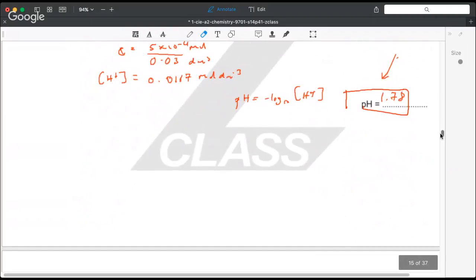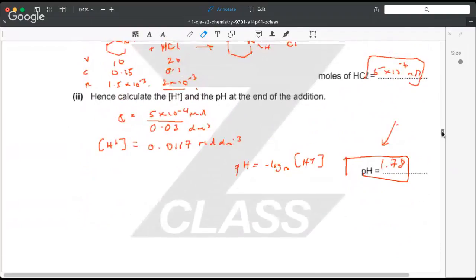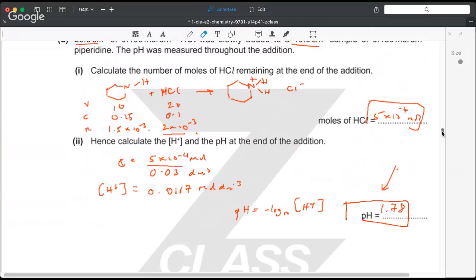But if we wanted to add just enough acid to neutralize the base, then the equivalence point is actually not at 20 centimeters cubed, but if we had 15 centimeters cubed of acid, then we'd have exactly the right number of moles of acid to neutralize the piperidine.